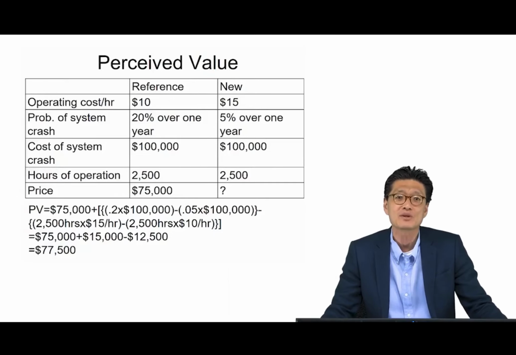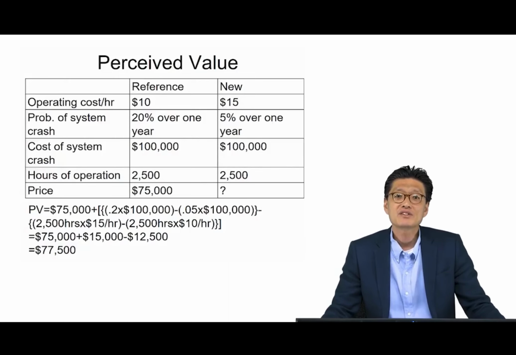That's the only thing that really changes. Everything else, the 2,500 times $15 per hour minus 2,500 hours times $10 an hour, is intact. So it's 75,000 plus 15,000 minus 12,500. The only thing that changes here is the 15,000.